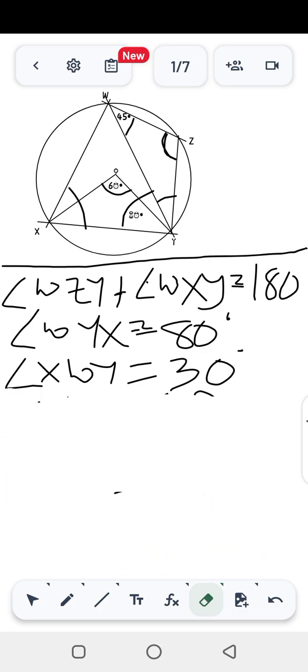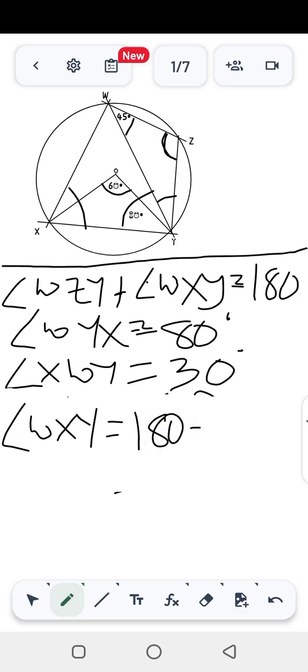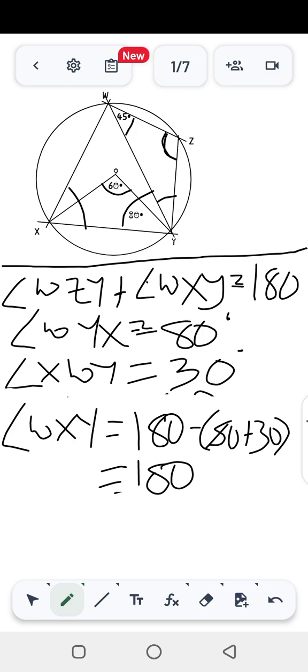Angle WXY will now be equal to 180 minus the sum of the two angles, which are 80 degrees and 30 degrees. So this will give us 180 minus 110, and we have angle WXY equal to 70 degrees.